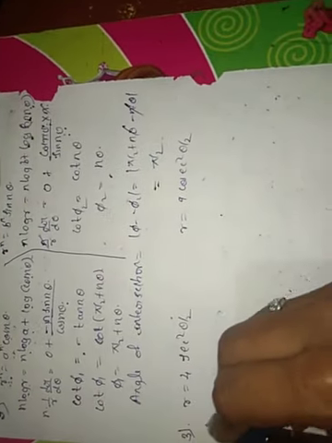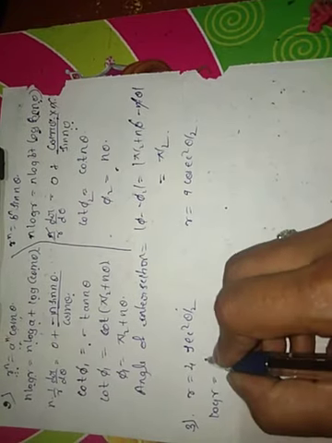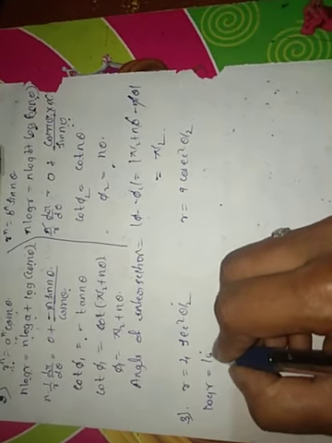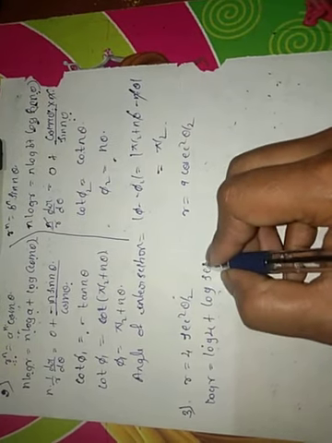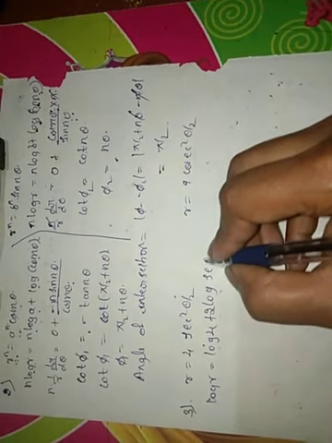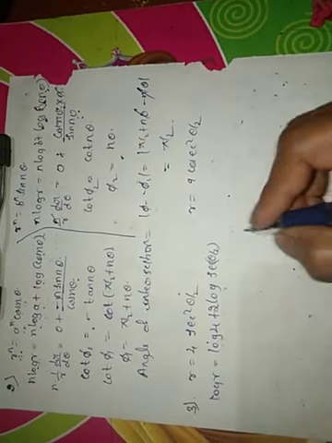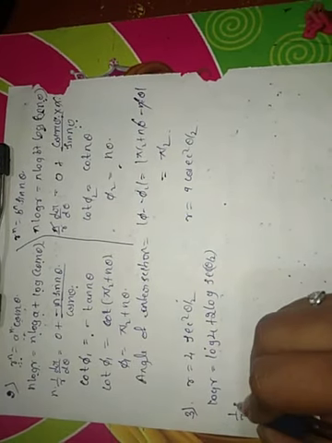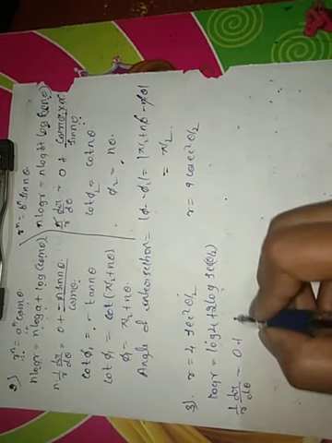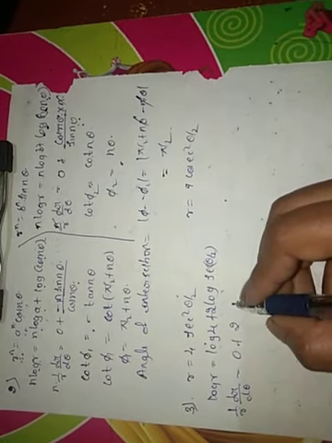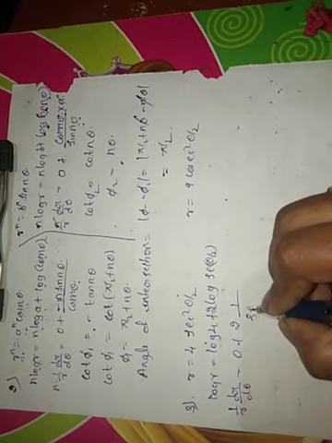Log r equals log 4 plus log of sec square theta by 2, which is 2 log sec theta by 2. The derivative of log r is 1 by r dr by d theta. The derivative of log 4 is 0. Then 2 into the derivative of log of sec theta by 2, which is 1 by sec theta by 2.